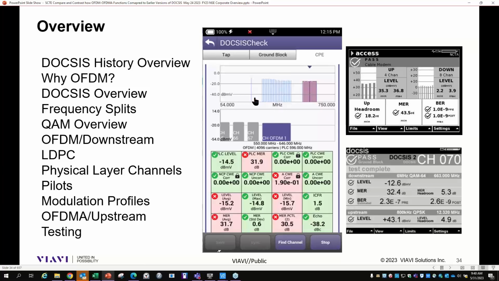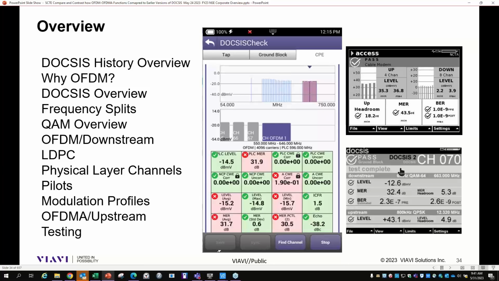When we look at a screen and see the number of carriers in an OFDM carrier, we certainly have a lot more information than when we deal with a single carrier itself. For those of you who've been around the block, remember when we did a single channel DOCSIS carrier, that was a big deal. Single carrier upstream, and look at the type of modulation that we did.